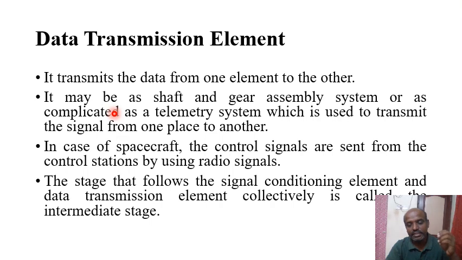I need to read all the data from that instrument, so the signal in that instrument is transmitted to the control area. An example is a spacecraft, where control signals are sent from the control station to the receiver side using radio signals. These kinds of communications we call data telemetry elements. As we said earlier, this stage is called the intermediate stage.